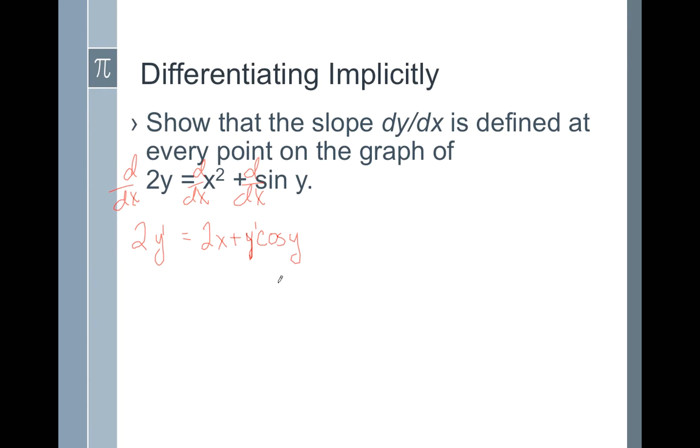Well, now we need to solve for y prime. We need to be able to show that this equation works always for every value of x, or every point, same thing. So I need to get the y primes to the same side. So I need to go 2y prime minus y prime cosine y equals 2x.